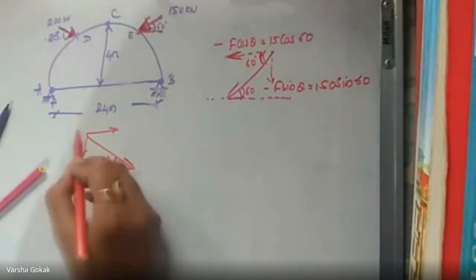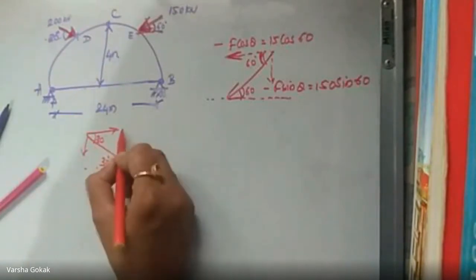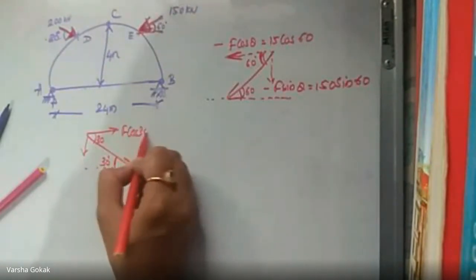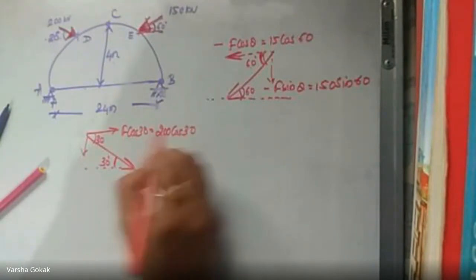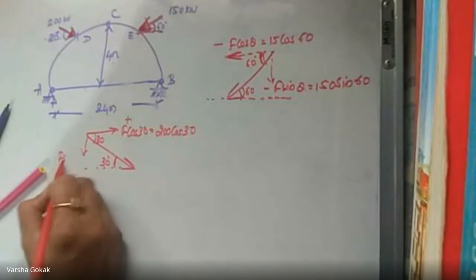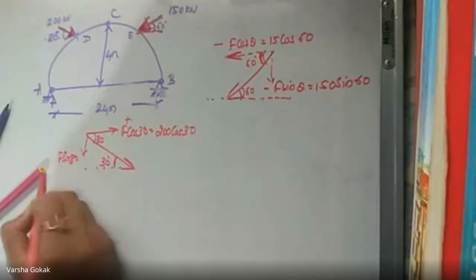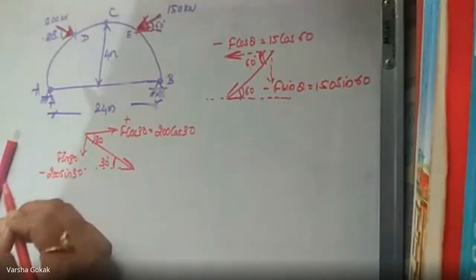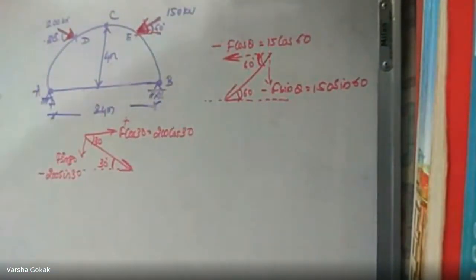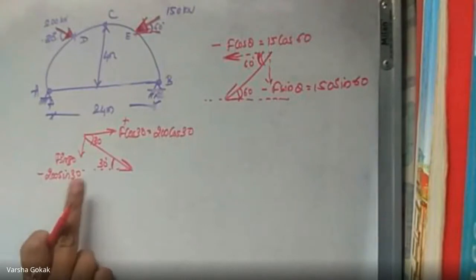So this is 30. So this is f cos 30, that means it is 200 cos of 30, which is positive, and this is going to be f sine 30, that is 200 sine of 30, which is going to act as negative. Am I right?